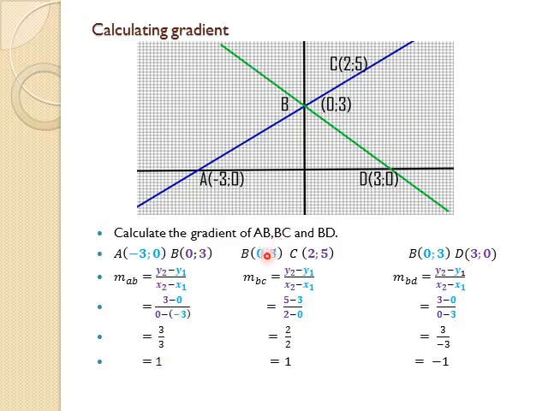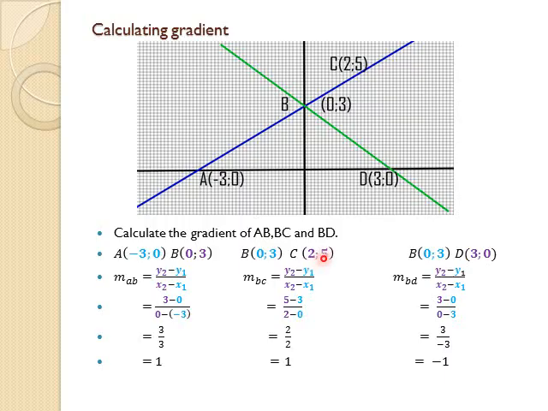For gradient BC, I have to take the coordinates of B, which is (0, 3), and C, which is (2, 5). Again, my x2 and y2 I've colored purple, and my x1 and y1 I've colored blue. That is to ensure that we don't make an error when selecting numbers, and that we don't put x over y instead of y over x.